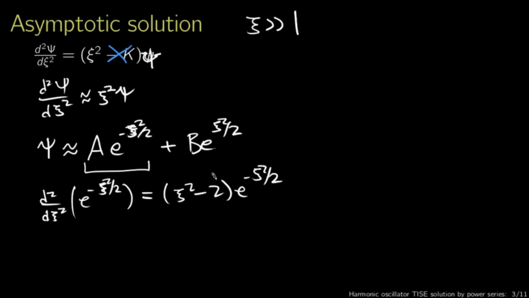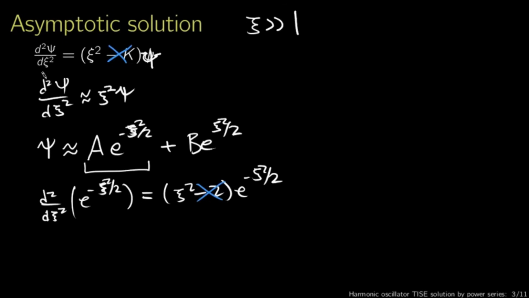So this, again, approximately for large values of xi, is going to be about equal to xi squared times the function. So the second derivative effectively pulled down a xi squared and gave us our function back. And that's what our approximate differential equation is. Now, if you had a minus sign in front of the xi in the exponent here, you'd end up with much the same sort of expression. So you can see this is effectively an approximate solution to our approximate differential equation.